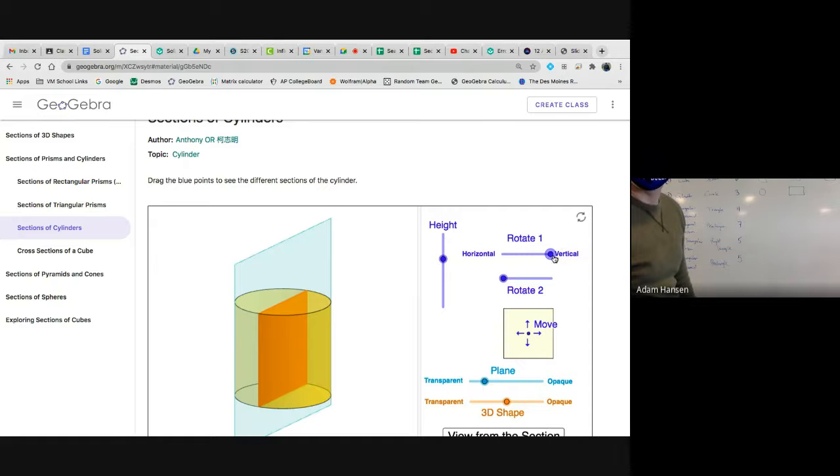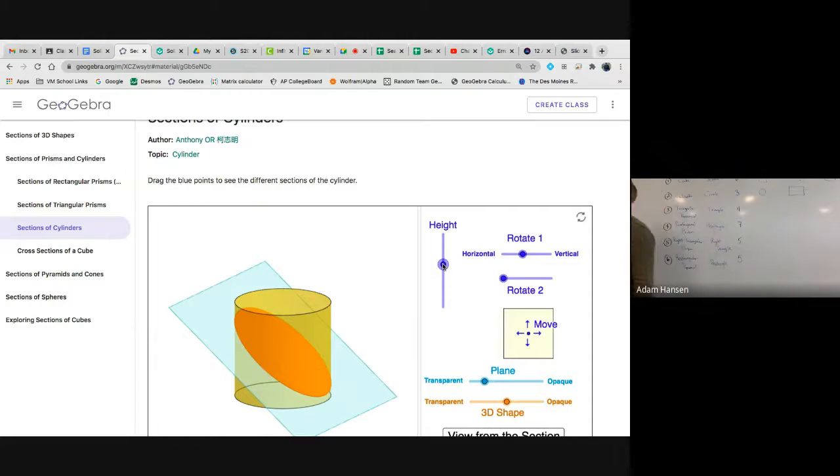Now, to get the diagonal cross section, let's just find somewhere in the middle. Once again, these diagonal cross sections have lots of different options. Well, what type of shape is that? Oval, an ellipse, kind of like the track oval outside, yeah?